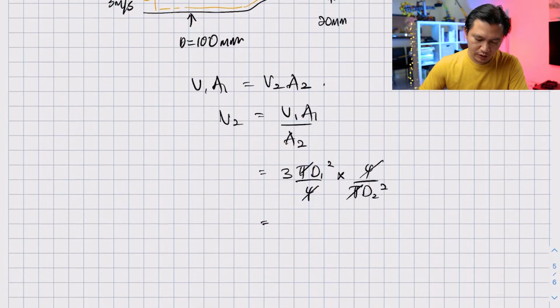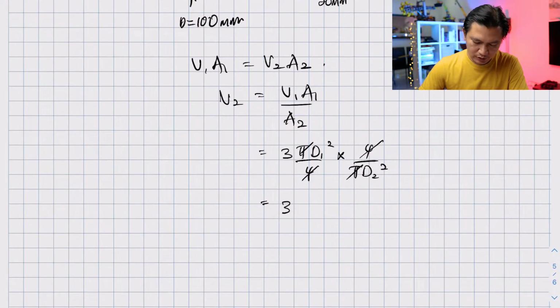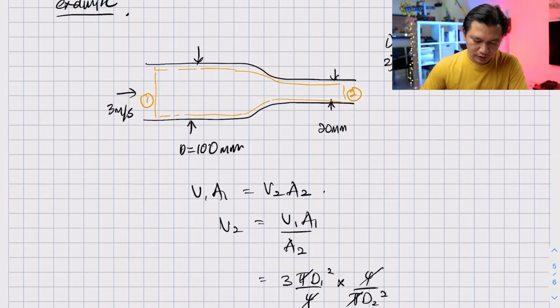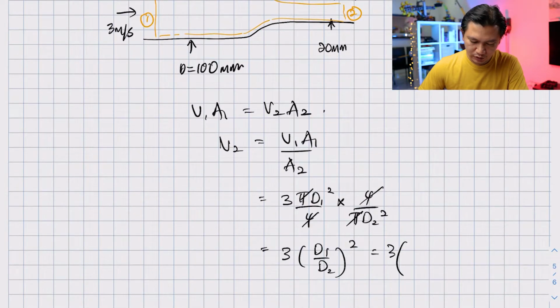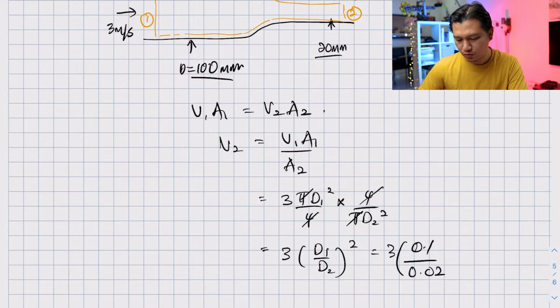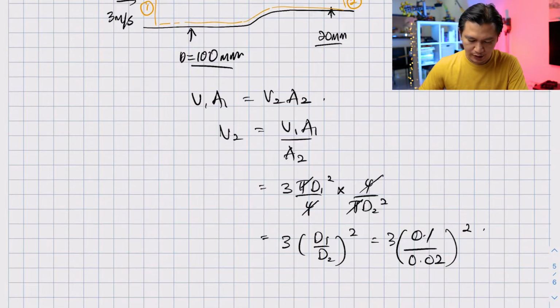So this will be 3 times (D1 over D2) squared, and D1 is 100 millimeter, so 0.1, over D2 is 20 millimeter, 0.02, and this is squared.